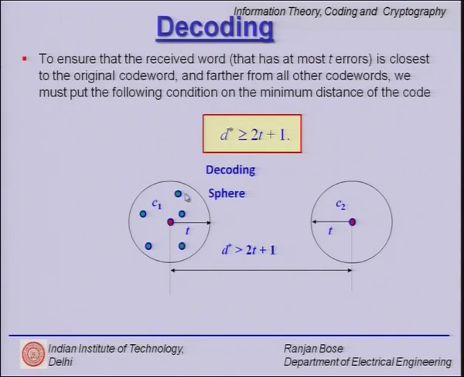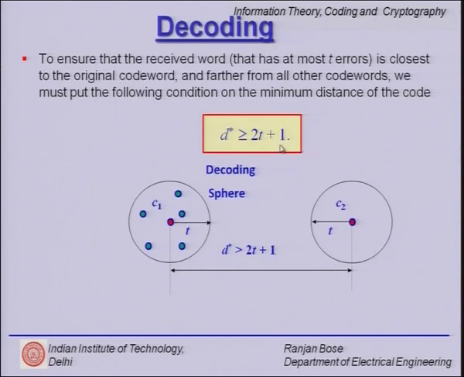So any vector sitting inside this sphere will be mapped back to C1, and therefore this is the decoding sphere for C1. Similarly, this is the decoding sphere of C2. Any received vector inside C2's sphere will be mapped back to C2. But to avoid the pathetic case when the circumferences touch, where any vector sitting on the circumference will be ambiguous as to whether to map it to C1 or C2, we need a separation of 1.